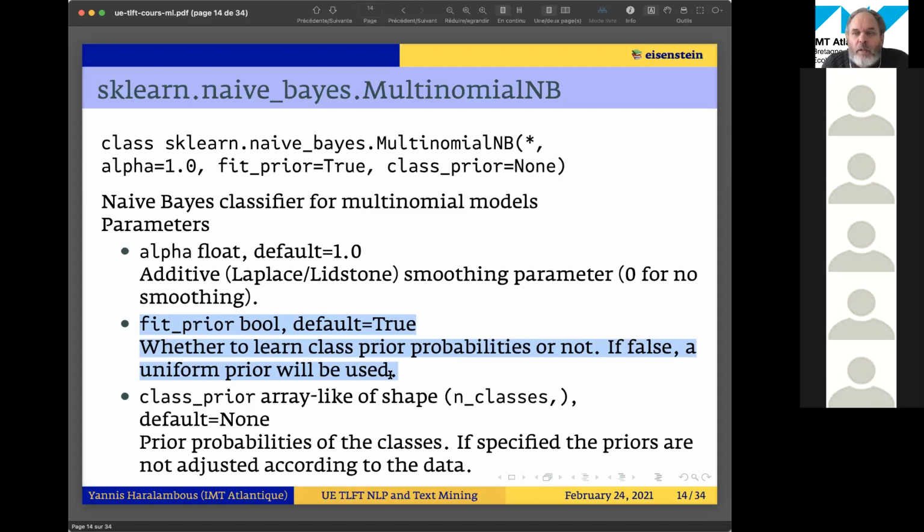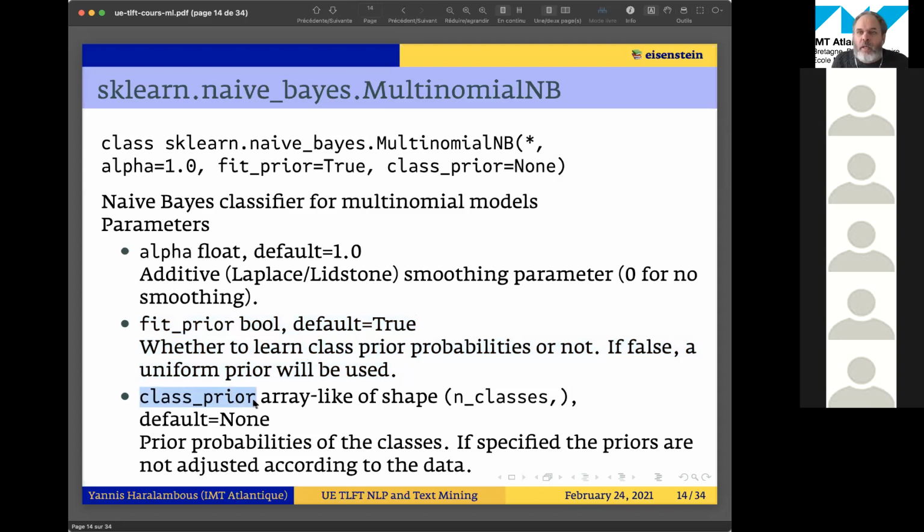If this training set is all you know about the classes, then I will calculate the frequency of each class, and this will be my prior probability. If I have better knowledge, which is extrinsic, which is not based on my training set, then I can give this using the class prior parameter.